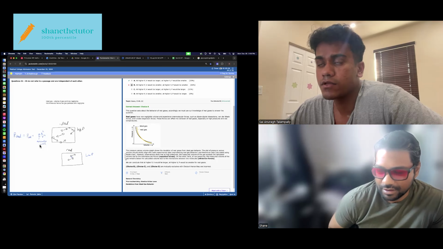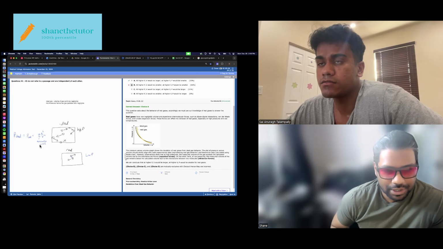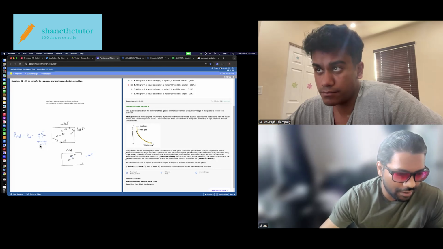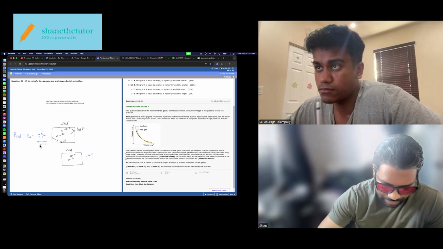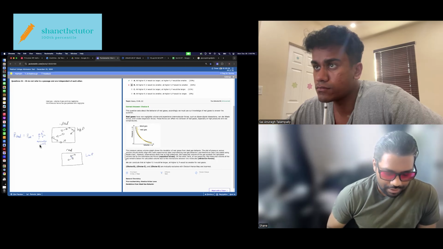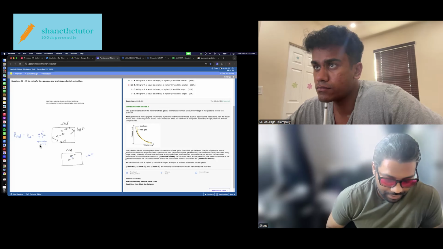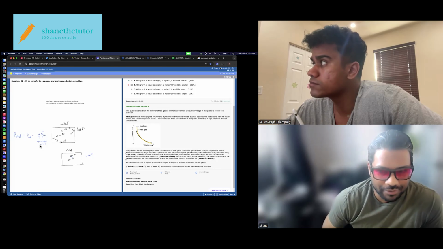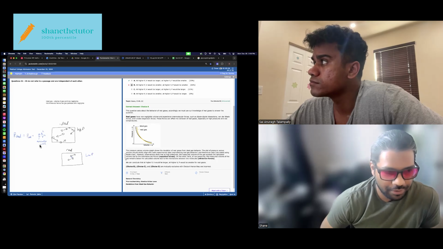Now, for the volume part, in an ideal gas, you'll treat the actual volume of the particles as negligible.